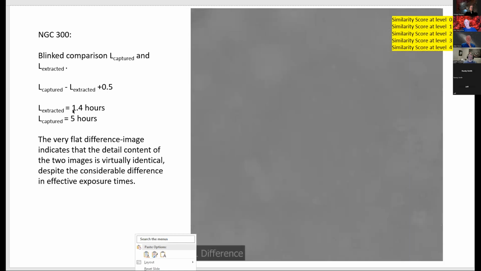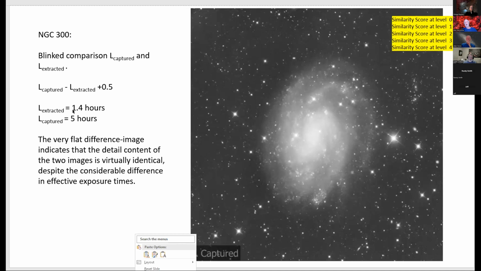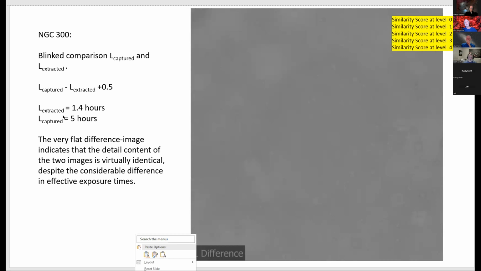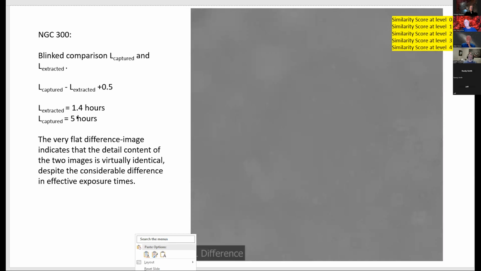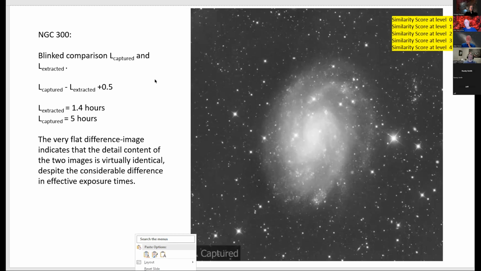And here we only had 1.4 equivalent hours of RGB yielding the L extracted versus 5 hours of extra L. That 5 hours was wasted. We have the same image as if we had just not captured that at all.